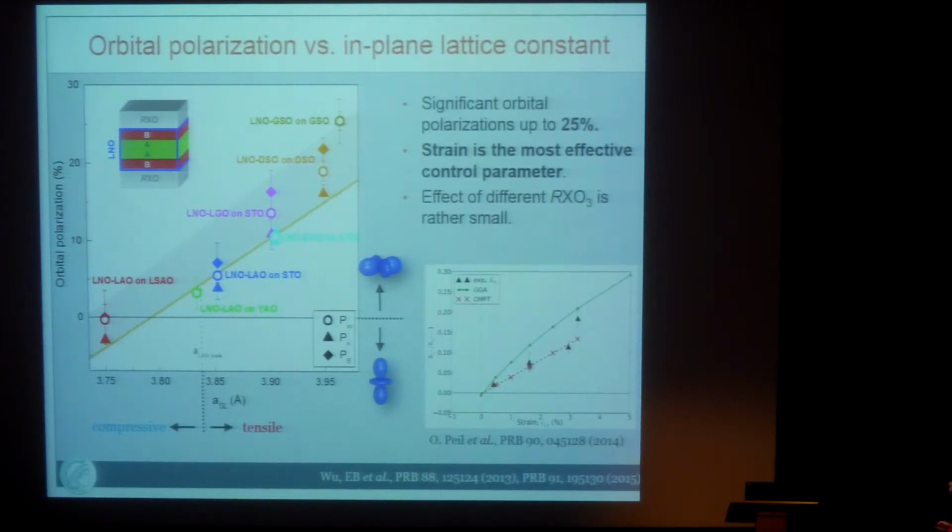From this we concluded that strain is the most effective control parameter, and that was also found in DMFT calculations in the group of Antoine Georges in Paris. Here the hole ratio is plotted as a function of strain, and you see these red crosses fit very nicely to the triangles from our data in this graph.